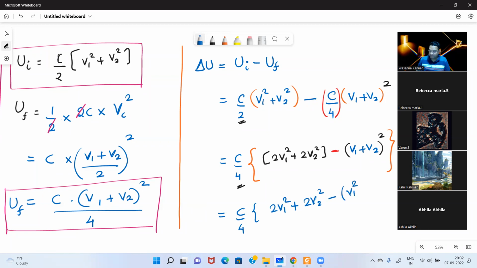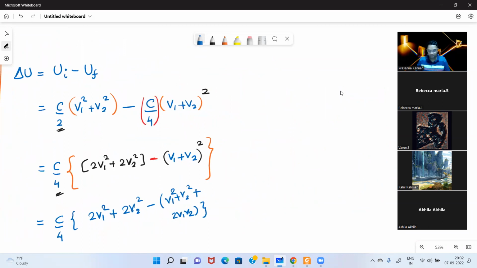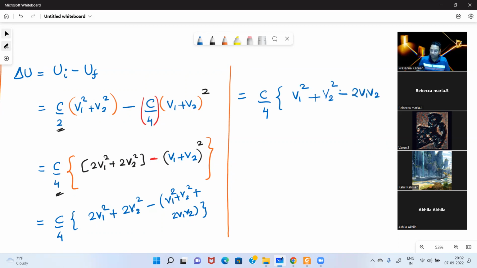This will be V1 square plus V2 square plus 2V1 V2. So this will be equal to C by 4 into 2V1 square minus V1 square is 1V1 square, 2V2 square minus V2 square is 1V2 square, then plus into minus is minus 2V1 V2.